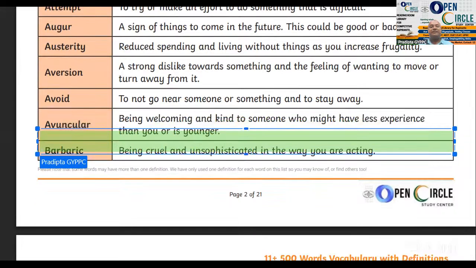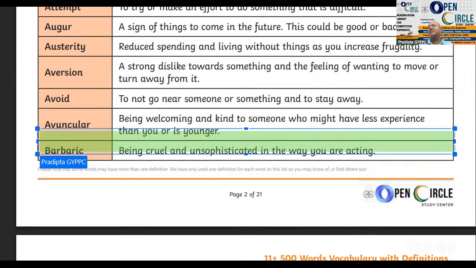The next word is barbaric. Barbaric comes out of the root word barbar, which is taken from a Sanskrit word called barbara. Barbara means somebody who's like a primitive savage who kills people, who is cruel, atrocious.